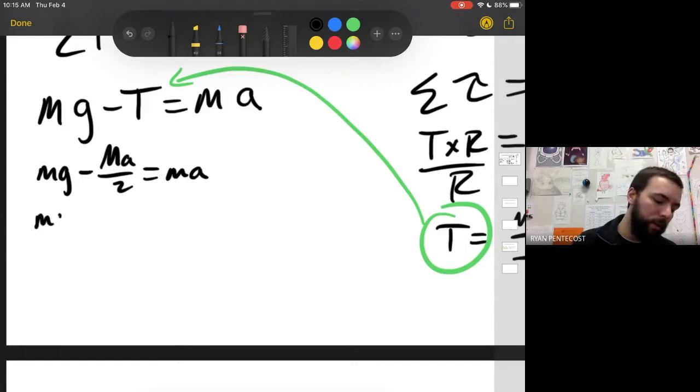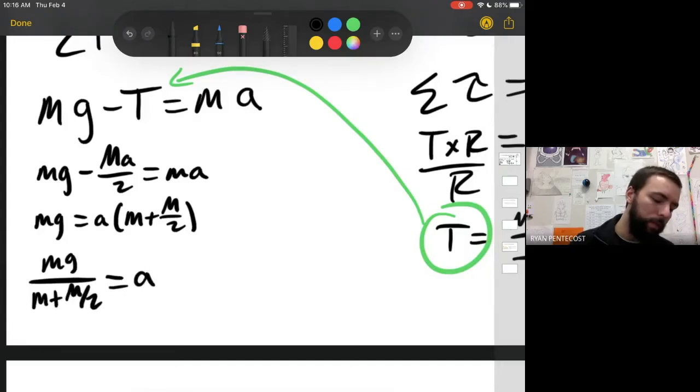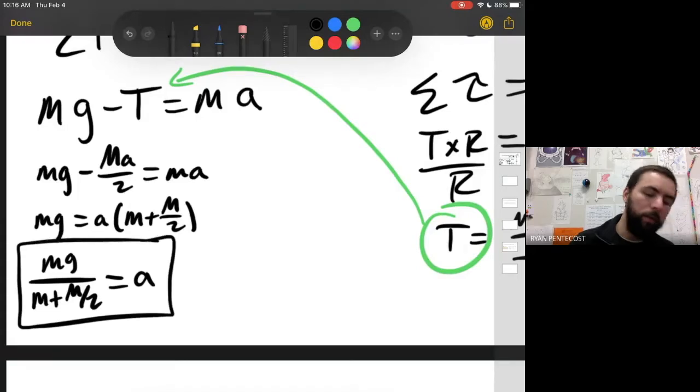So you've got little mg equals a times little m plus big M over 2. And now to divide that over, mg divided by m plus big M over 2 equals a. That is our linear acceleration, right?